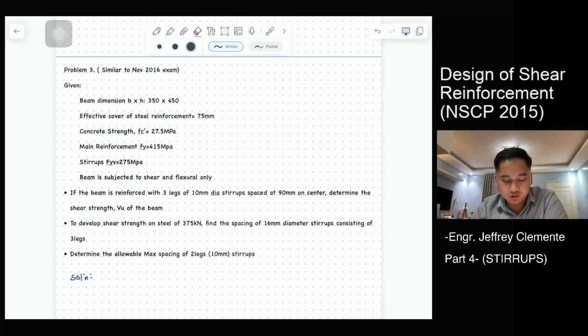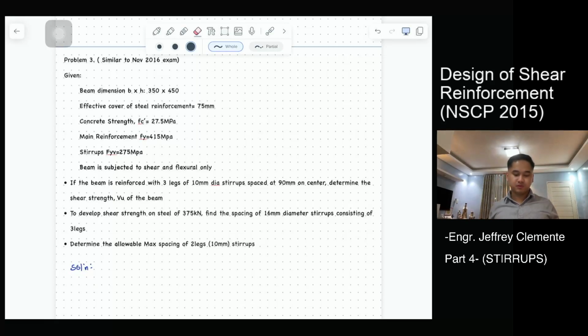If you happen to encounter this problem in some books, probably ang solution nila ginamit dito is not based on NSCP 2015. Maybe it's based on NSCP 2010. Kasi ginamit yung NSCP 2015 is on year 2017 na. So in this case, we use NSCP 2015 na.